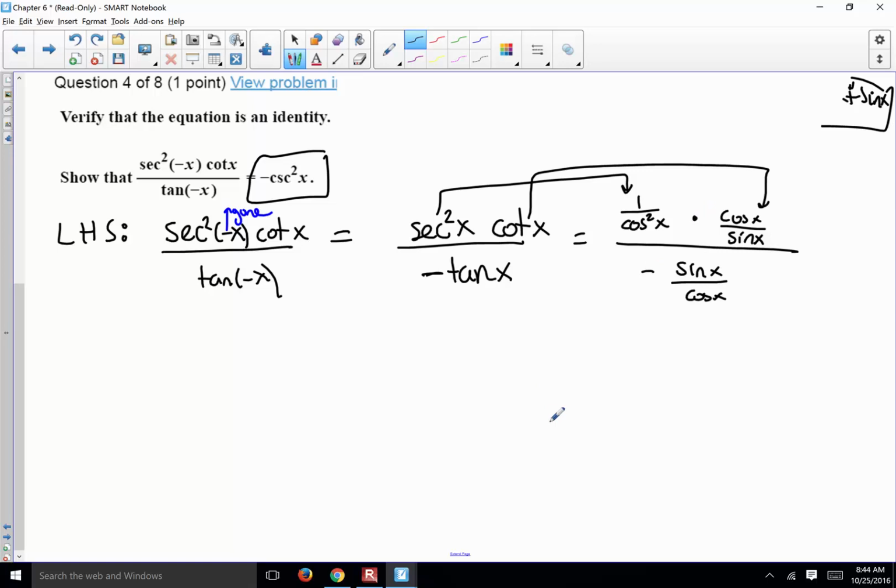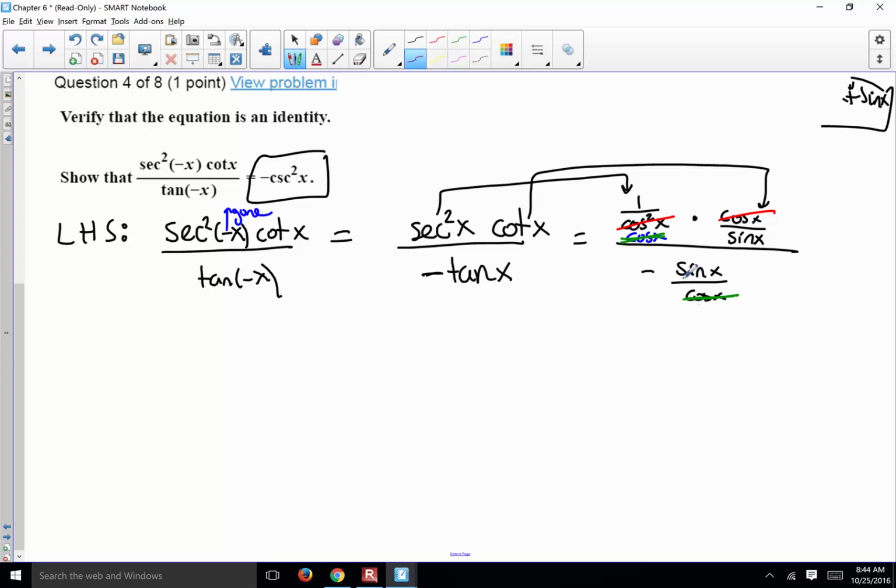Okay. Do you see any cancellations? Yep. 1 cosine, 1 cosine. There is another cosine left though. Anything else? Yes, we can cancel 1 cosine here. These green ones cancel because they are on the same side, both in the denominator. I have a better idea.